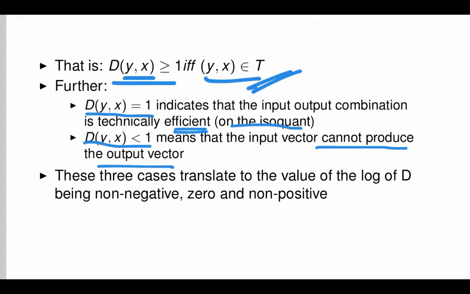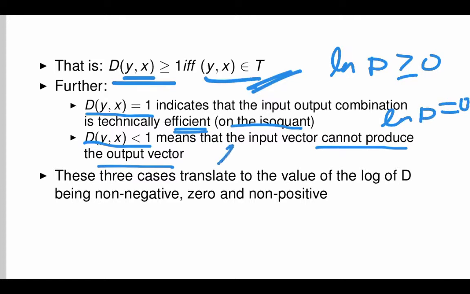So in terms of log values for the distance function, this translates into the log of d being greater or equal to 0 in the first case, the log of d being equal to exactly 0 in the second case, and in the last case the log of d is below 0, because the log of a number that's smaller than 1 is always negative.